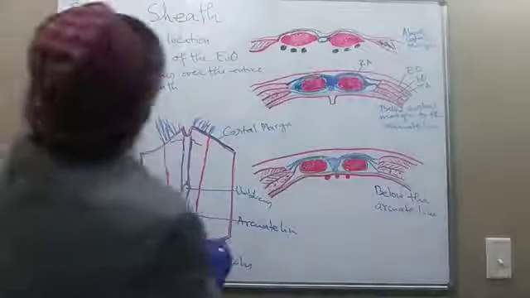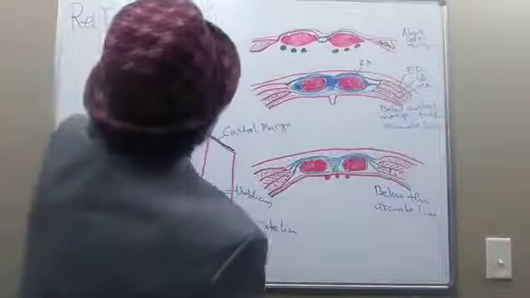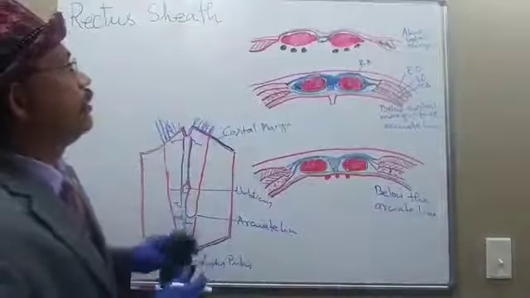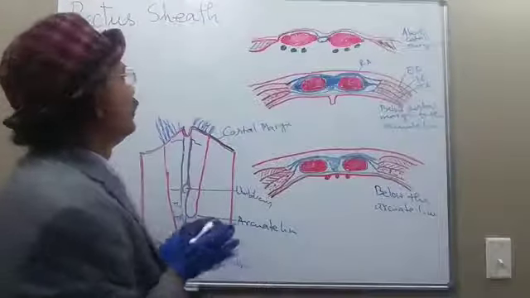Now, the rectus sheath above the costal margin: what are the contributors?